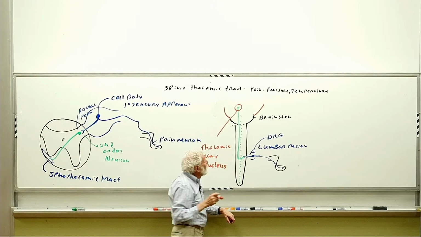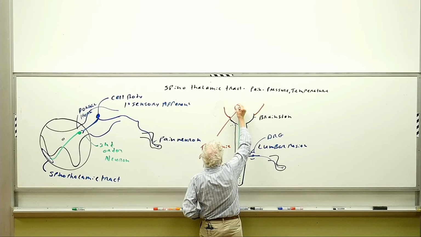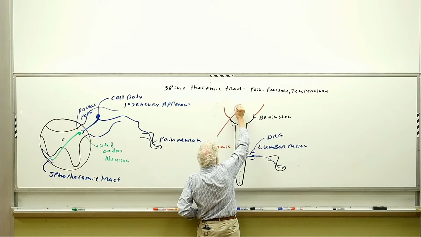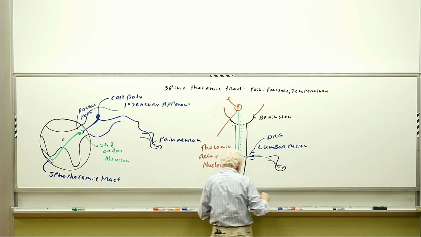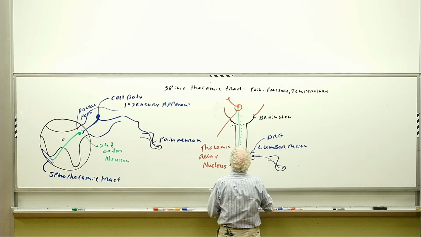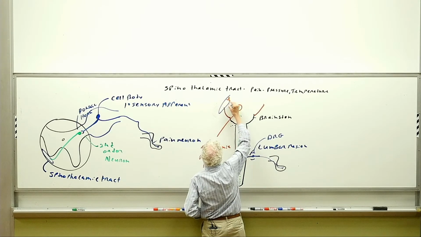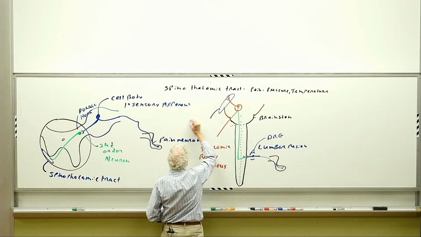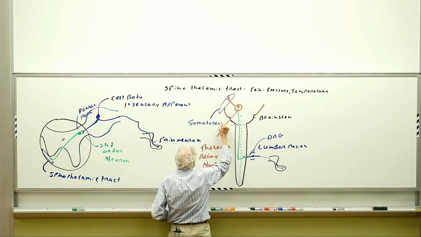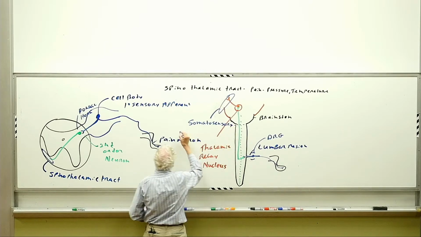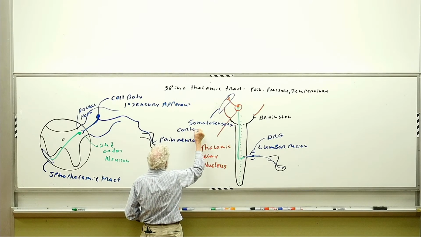And you'll remember from yesterday that the third order neuron now extends from the thalamus and has its output region in the somatosensory cortex of the cerebrum.